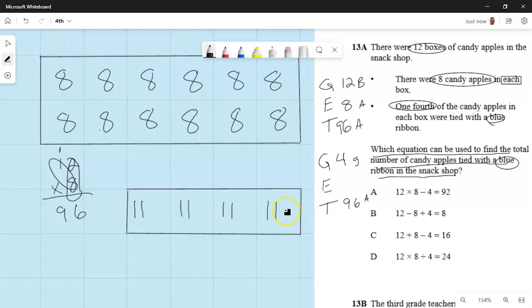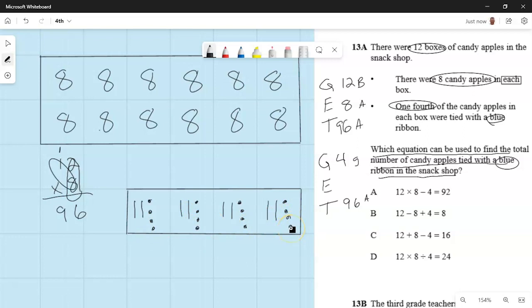So I'm going to stop at 80. Then I'm going to start putting them in as units. So that's 80, 81, 82, 83, 84, 85, 86, 87, 88, 89, 90, 91, 92, 93, 94, 95, and 96.